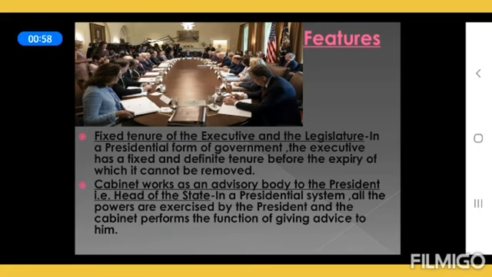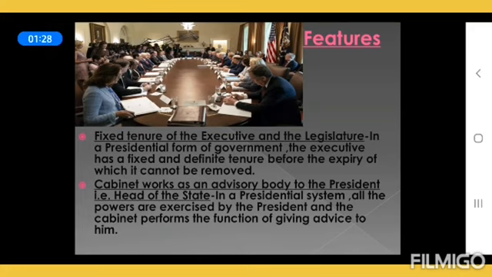And in the presidential form of government, the legislature also has a definite tenure, before the expiry of which it cannot be dissolved by the executive. So the president doesn't have any power to dissolve the legislature before the expiry of its full term.